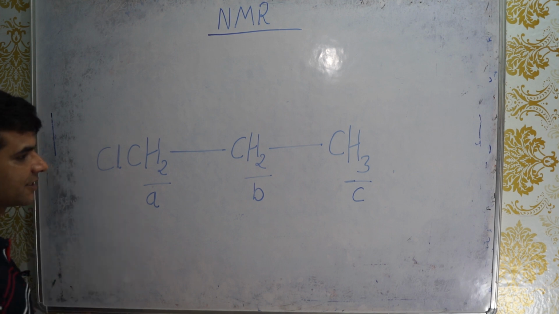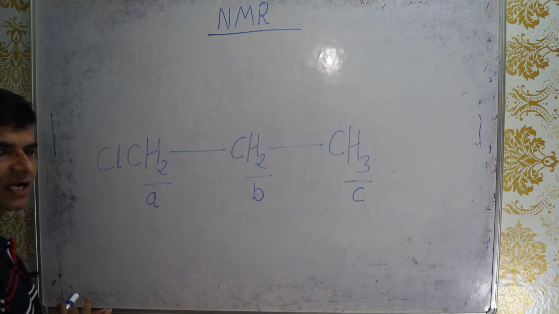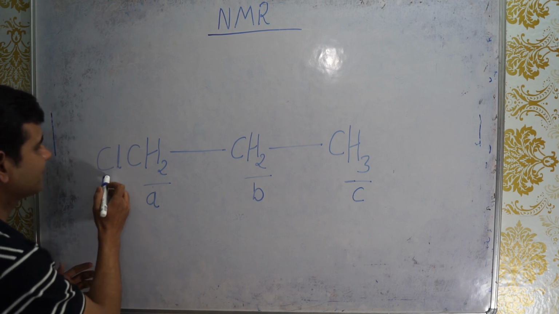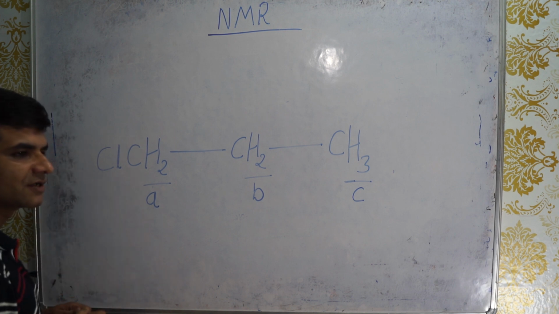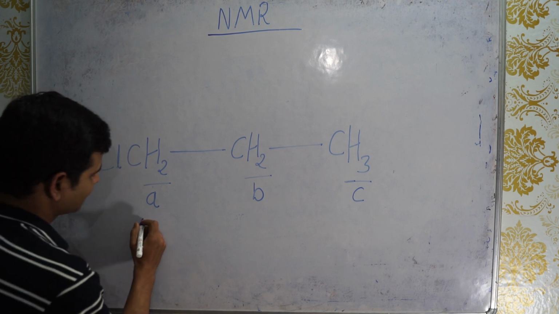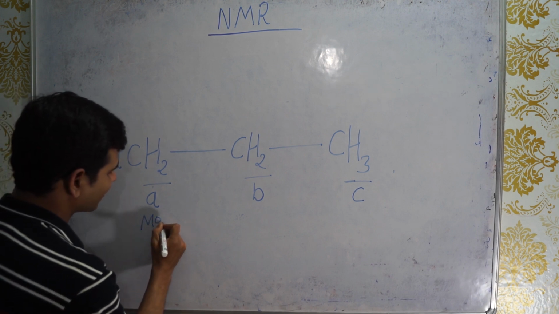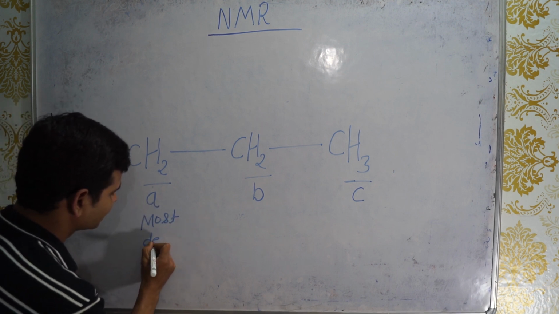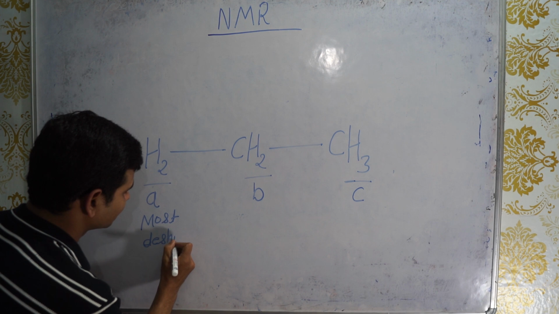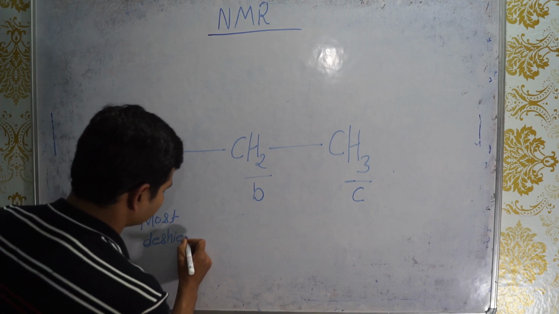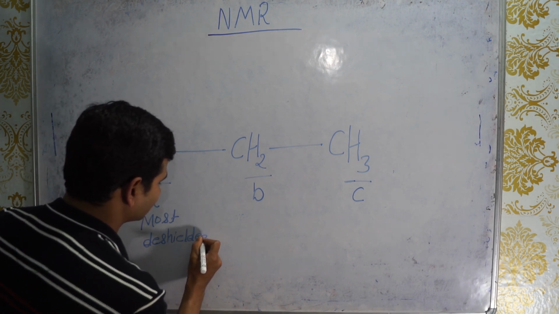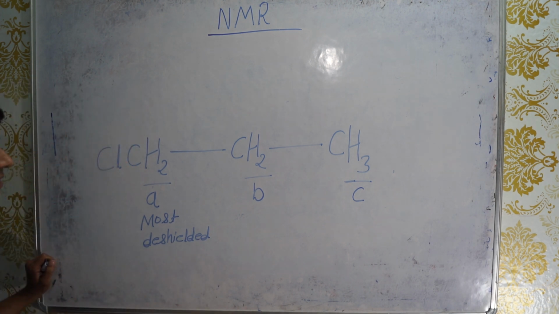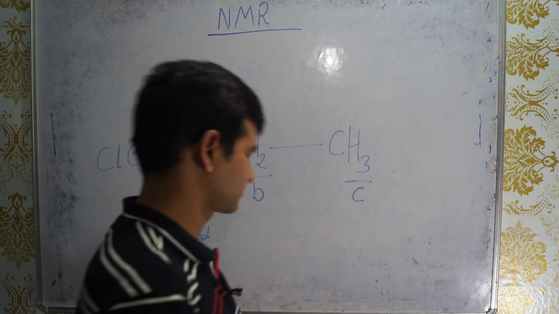In the previous video we discussed that hydrogen atoms closest to the electronegative chlorine atom would be in the most deshielded form. Now come to the type C hydrogen atoms.